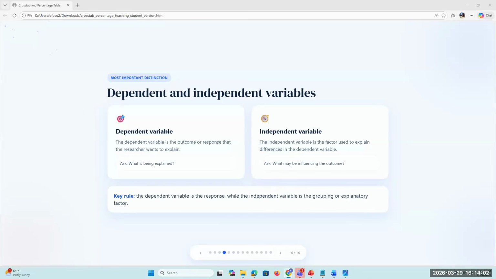What will lead to Kwadwo failing or passing, or what will influence it, is the independent variable. So if Koku goes to public school he gets 100%, if he goes to private school he gets maybe 20%, or if he goes to public school he gets 50%. That is the independent variable. The factors are what influence the outcome.